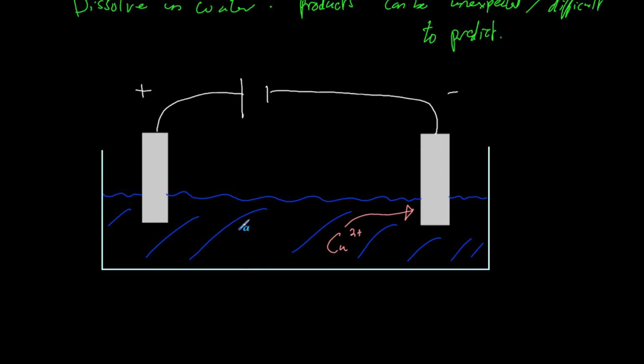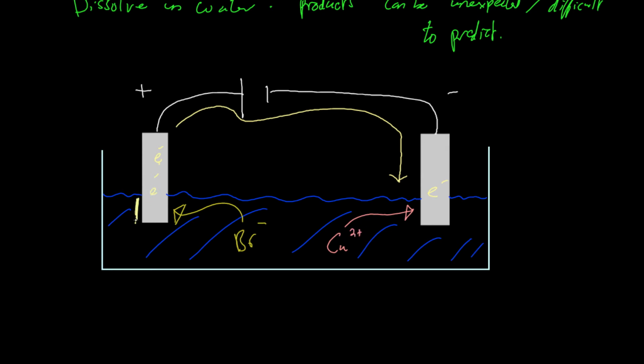Well, exactly as before, bromine forms negative ions, and that is going to go, opposites attract, to the positive electrode. Bromine will give away electrons, and electrons will travel this way, and they'll go all the way around, and they'll travel into here. So you have electrons in here, and those electrons are going to be taken up by the copper.